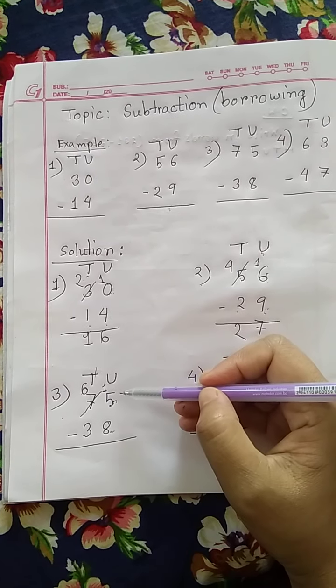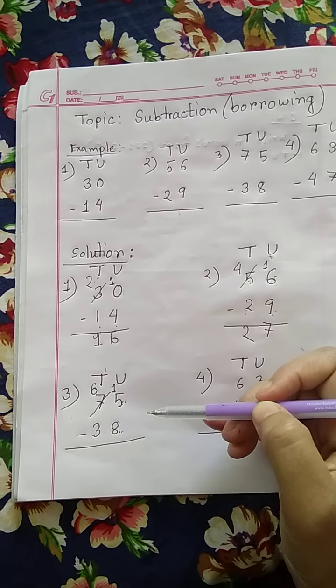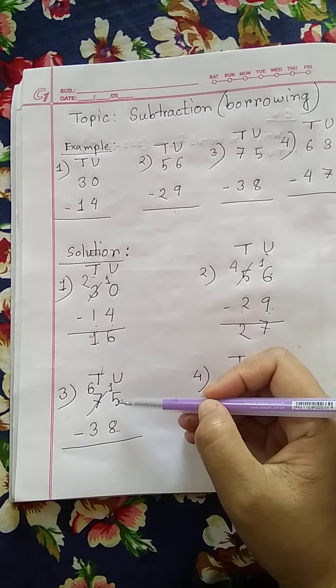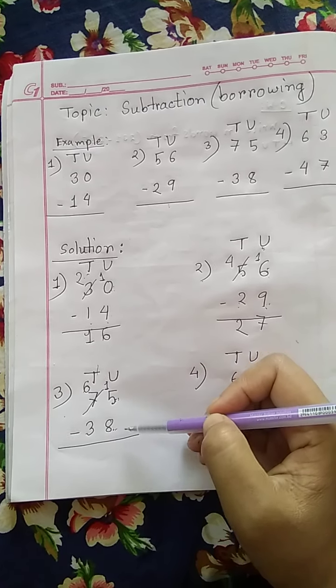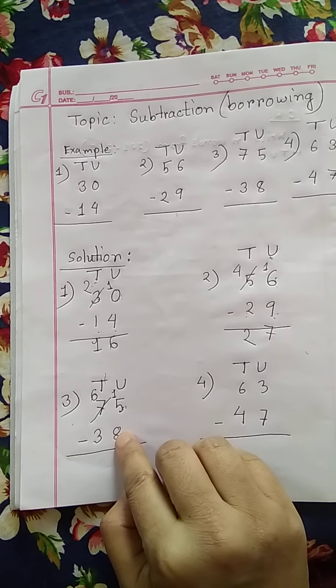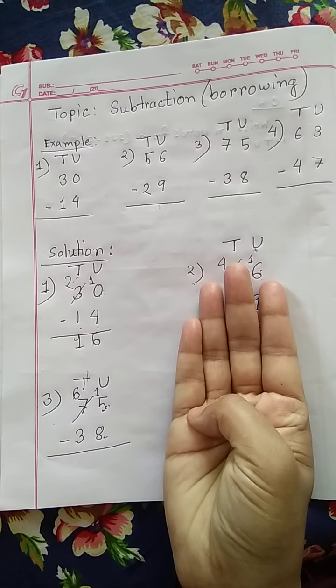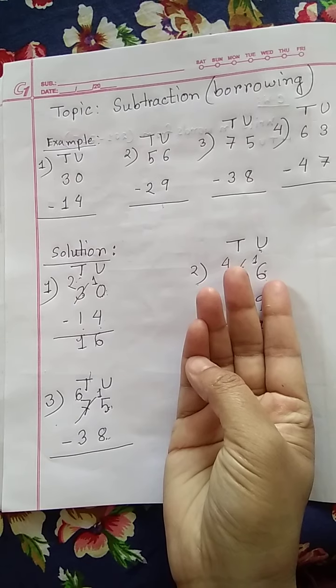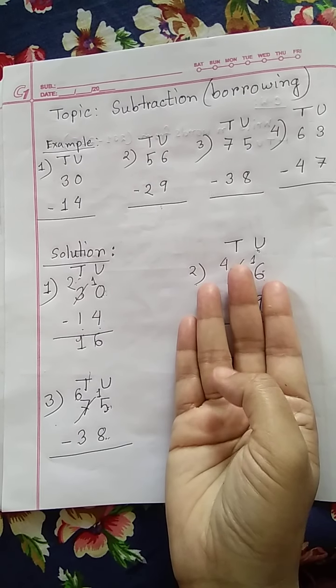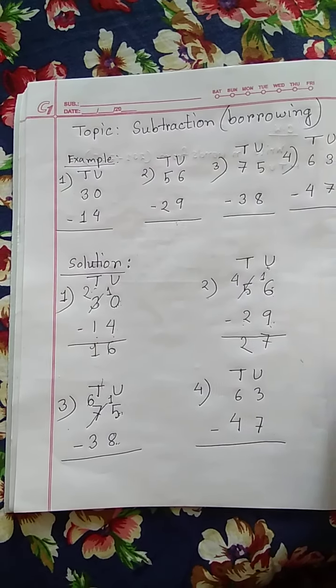Now, the upper number here is 15. And here is 8. Now, subtract 8 from 15. 8, 9, 10, 11, 12, 13, 14, 15. The answer here is 7.